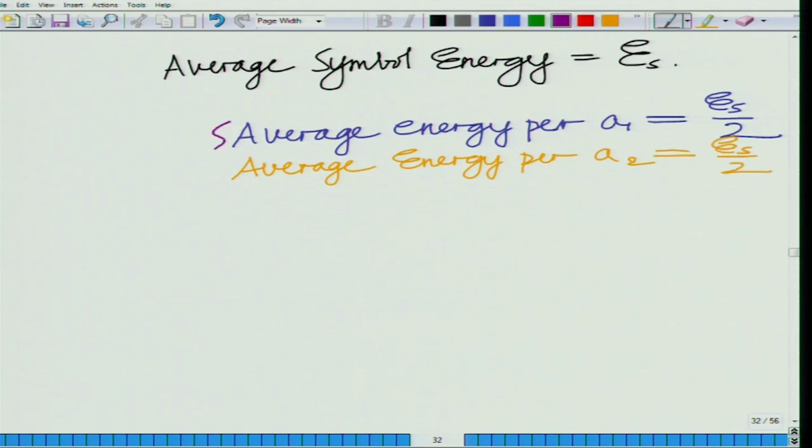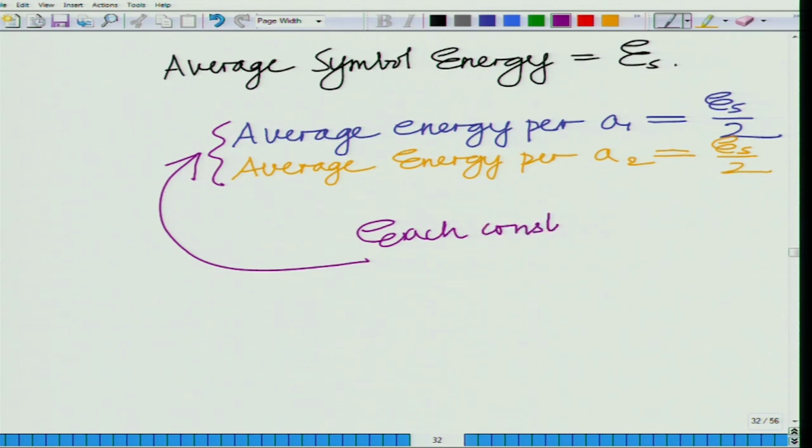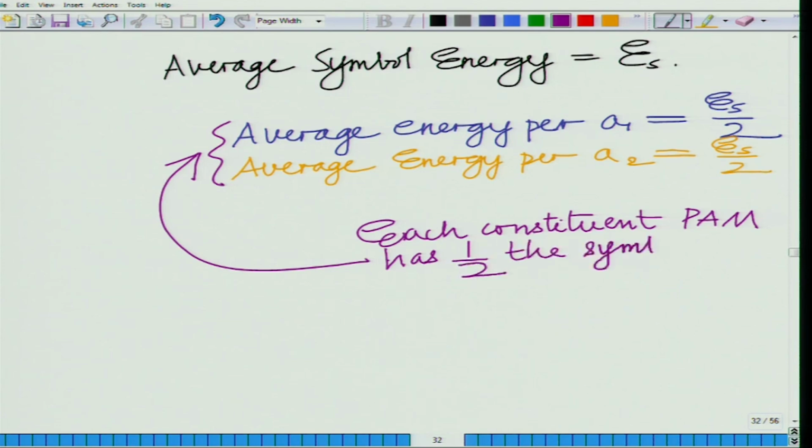So, we say each constituent PAM has half the symbol energy, that is Es by 2.